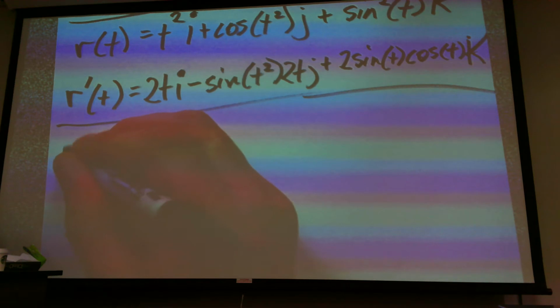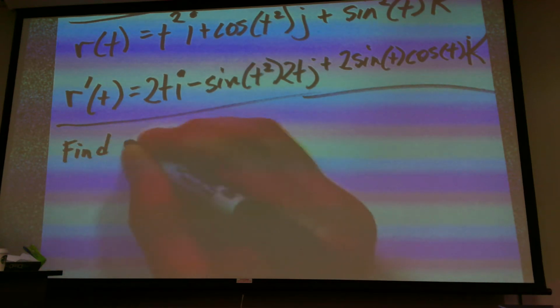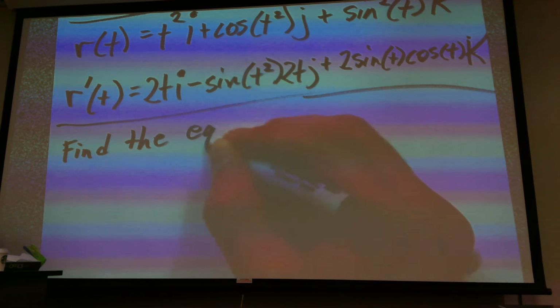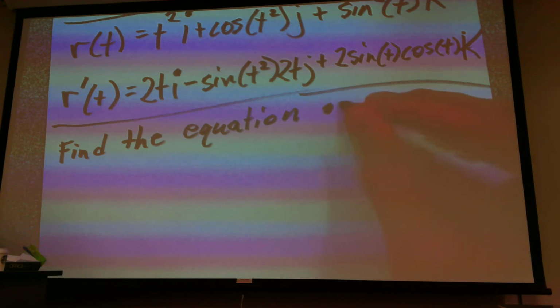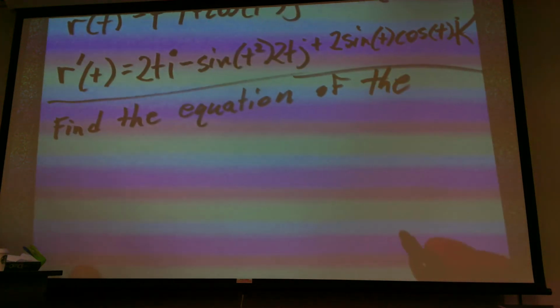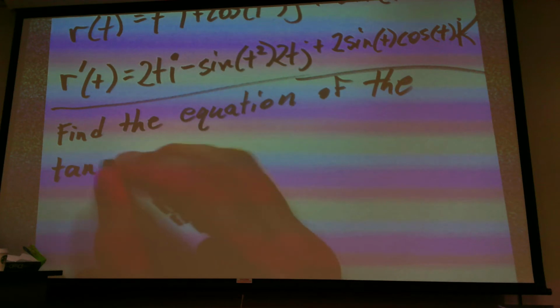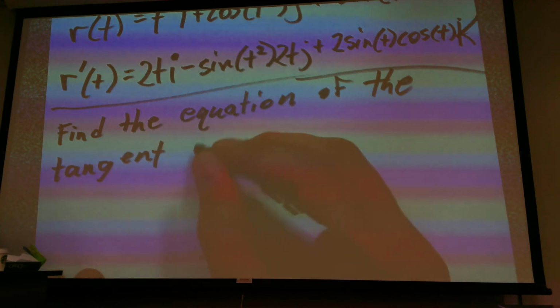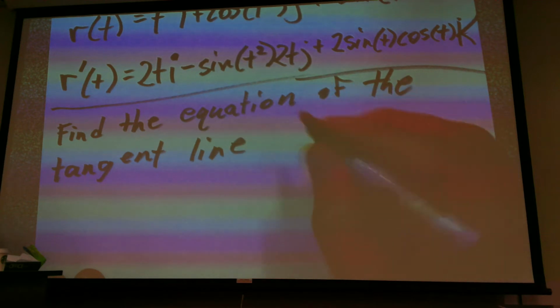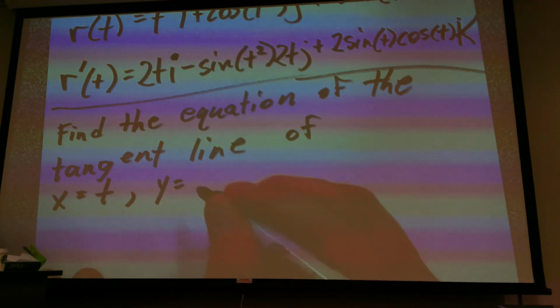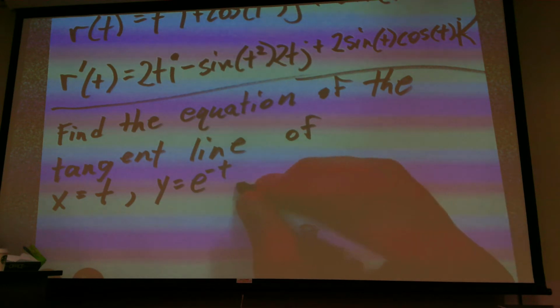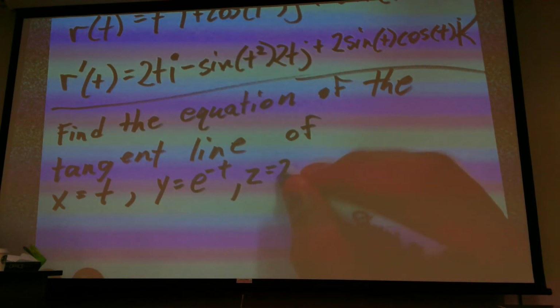Let's find the equation of the tangent line of x equals t, y equals e to the minus t, z equals 2t minus t squared.